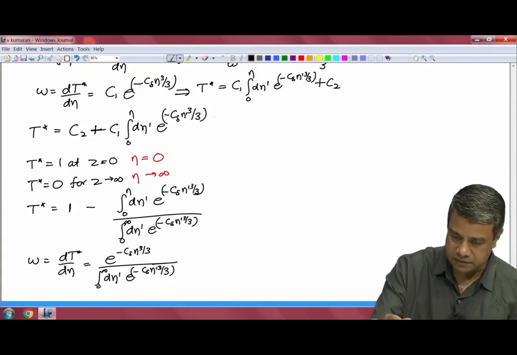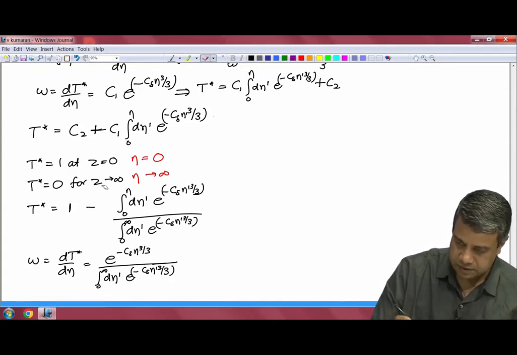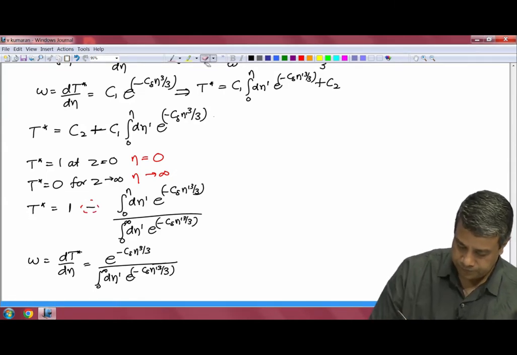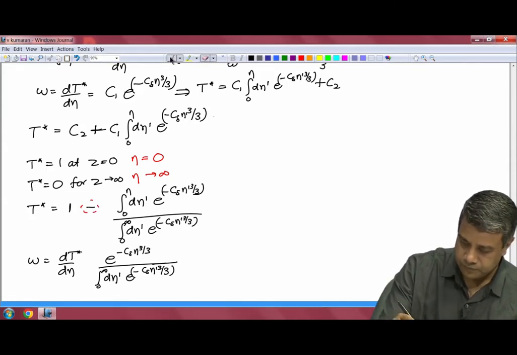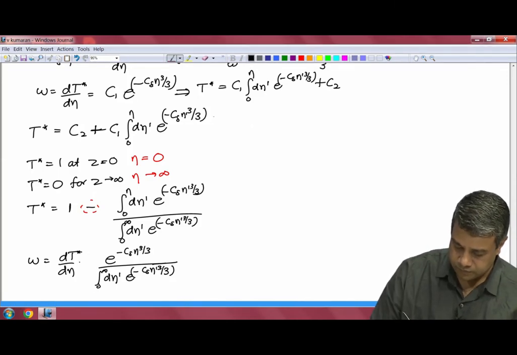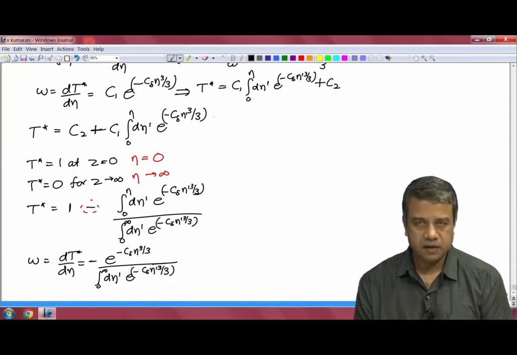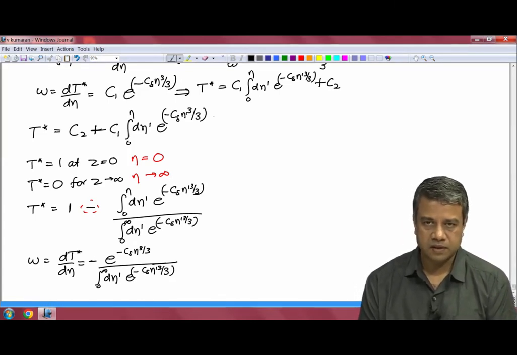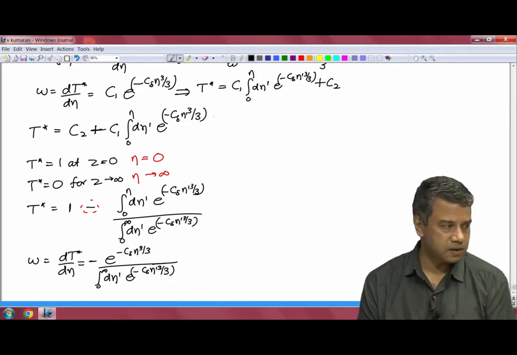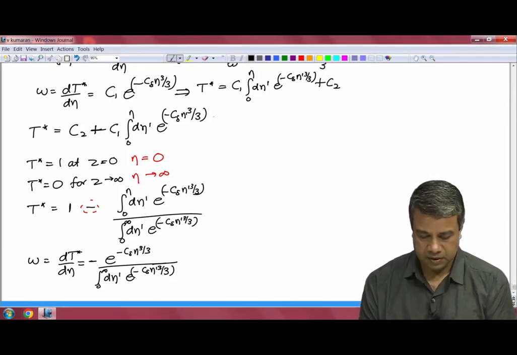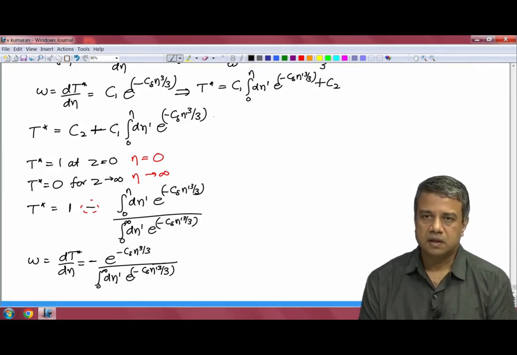There should be a negative sign here because of the negative sign before. The derivative with respect to eta of an integral, where eta is the upper limit, is just the integrand at that upper limit. That is all we have used here. So, this is the formal solution for T star as a function of eta.